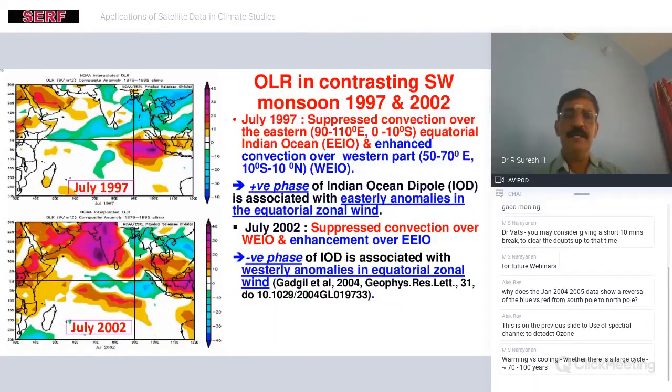The Eastern Equatorial Indian Ocean, which we are calling EEIO, goes from 10 degrees north to 10 degrees south. Here is the suppressed convection, where exactly it is. Here also you can very well see the increased OLR in the color. Increased OLR means suppressed convection, and enhanced convection over the other part, that is 10 degrees south to 10 degrees north and 50 degrees to 70 degrees east. So whenever this set of conditions is there, a normal monsoon is there. This is 1997.